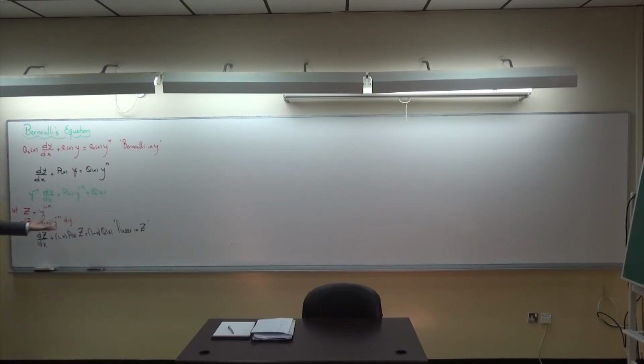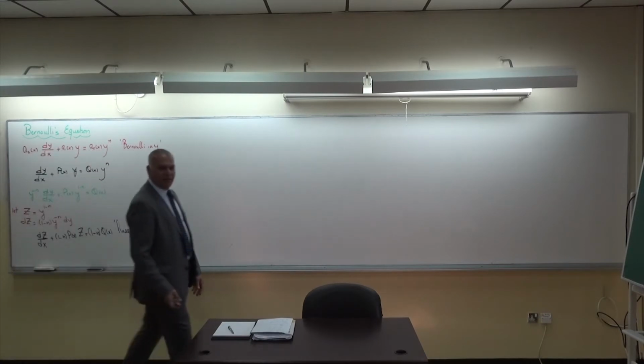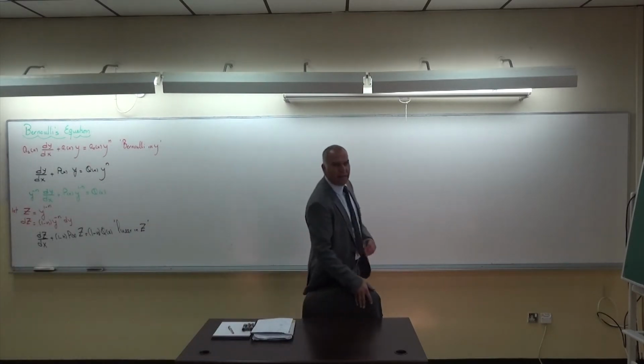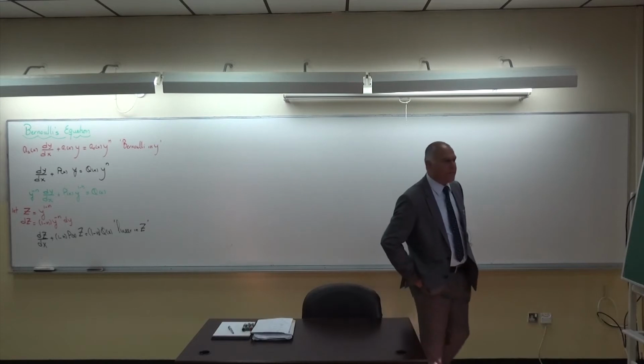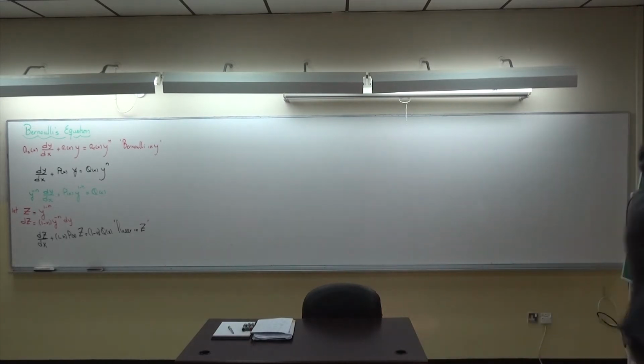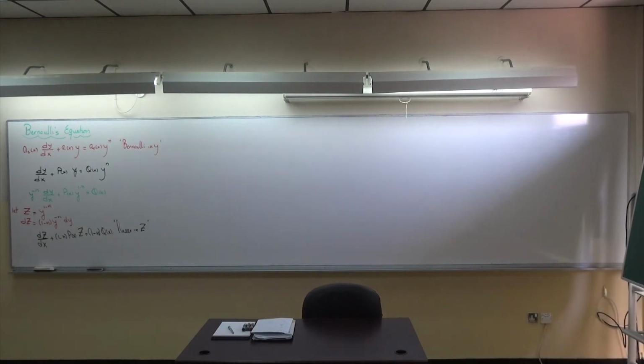So, in order to solve a linear differential equation, you have to go back to the previous 2 or 3 lectures, and you can use basically the skills, the integrating factor, and solve the differential equation.